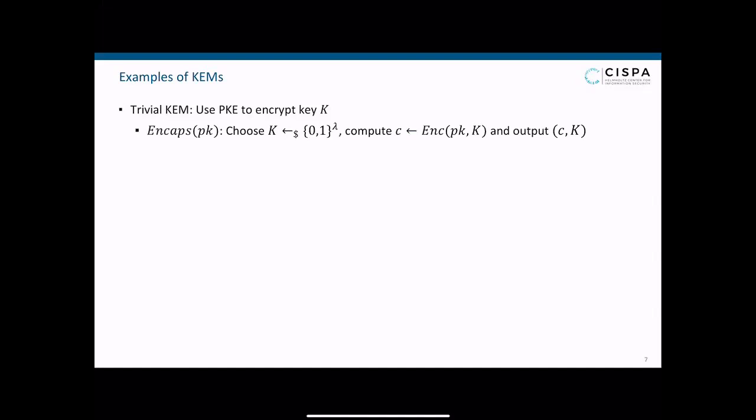My encapsulation algorithm just chooses a random private key K, encrypts it under PK and outputs C, K. This is what I would refer to as the trivial KEM, because it really just uses a public key encryption scheme in the obvious way. The decaps, we just decrypt the ciphertext C.